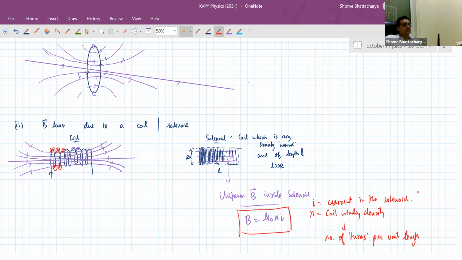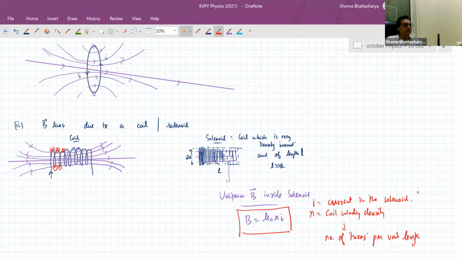So these are the three shapes of magnetic field that we should understand when we are talking about the magnetic effect of current. Magnetic field lines due to a straight wire, which are circular loops. Magnetic field lines due to a single circular loop, which is what I've shown above, and also the formula of magnetic field at the center of the loop. And magnetic field lines due to a coil, which is an approximate diagram.